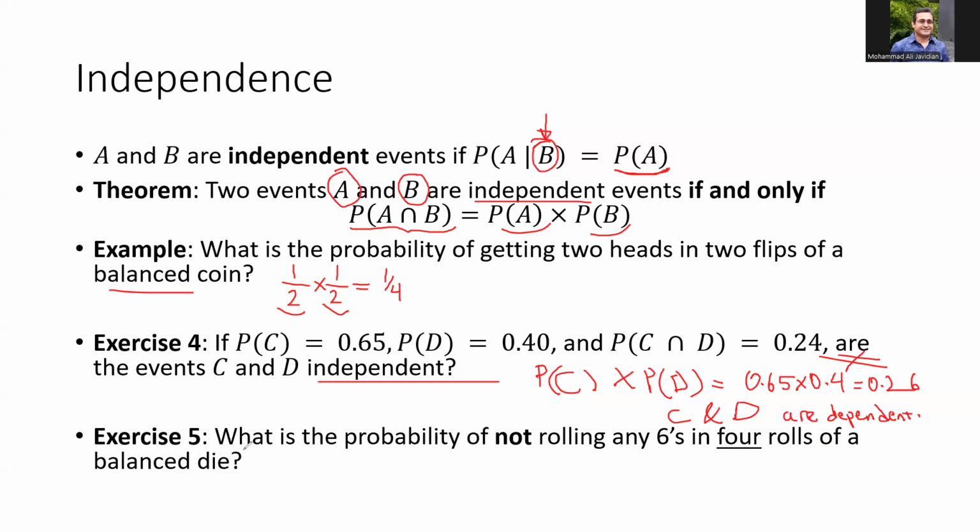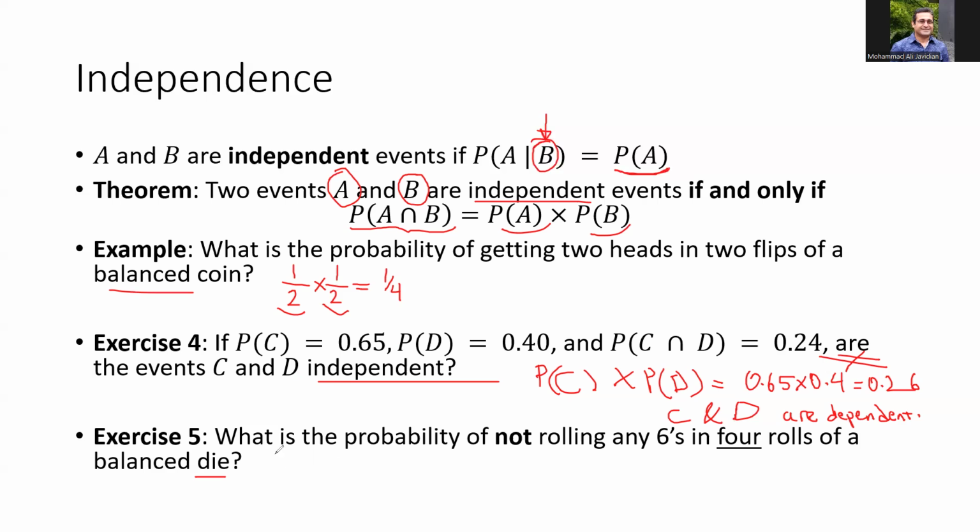The next example says, what is the probability of not rolling any 6 in 4 rolls of a balanced die? Every time that you roll this die, the outcome is independent from the previous roll.